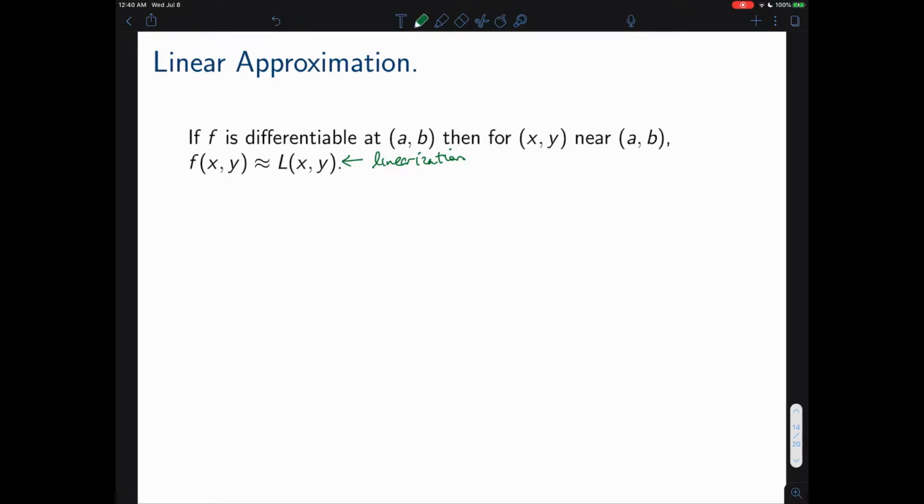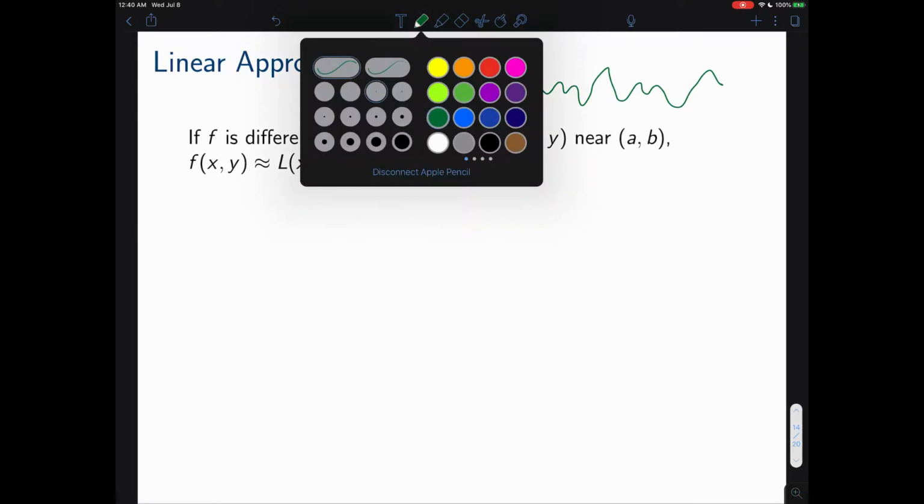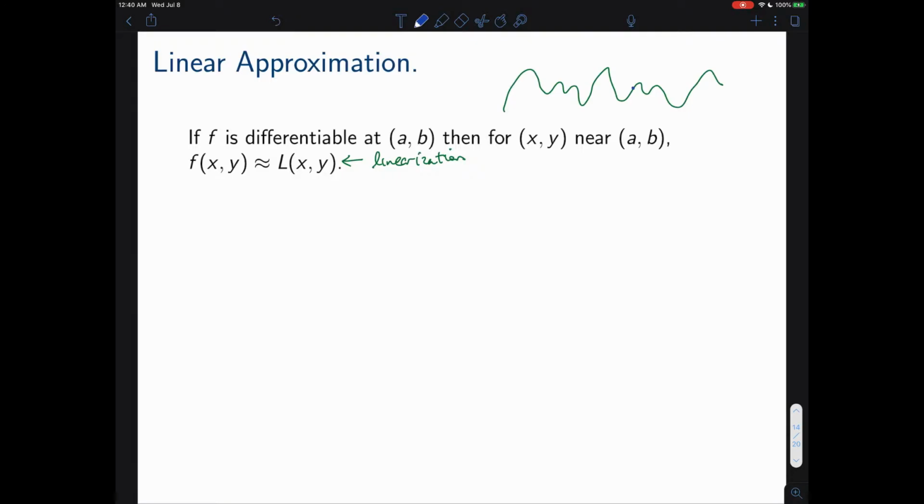If you have a function that could be really complicated, but at a given point, the nice simple tangent line is a good approximation near this point.